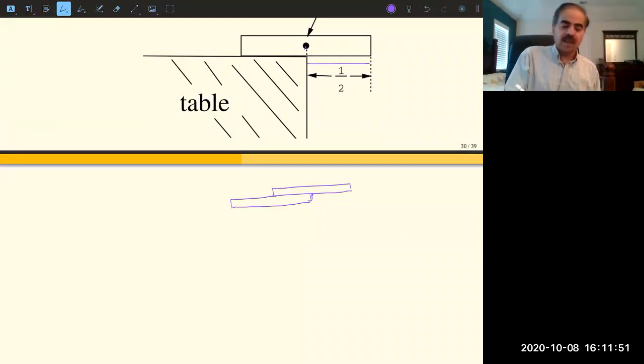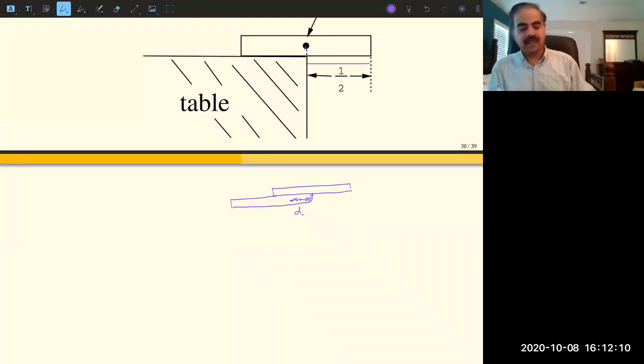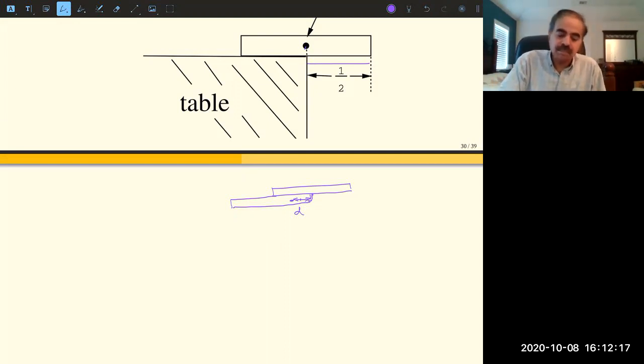The center of gravity is going to be somewhere here, and let's say this center of gravity is a distance d from this point. So this is half of the block, from the previous slide.